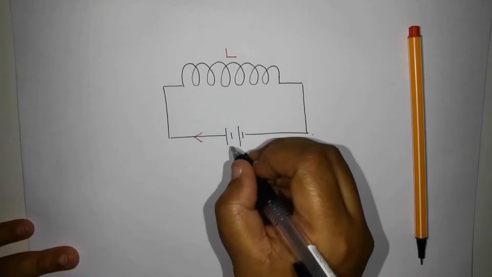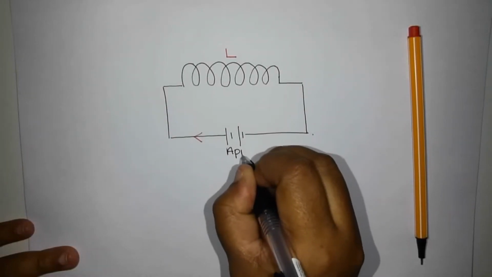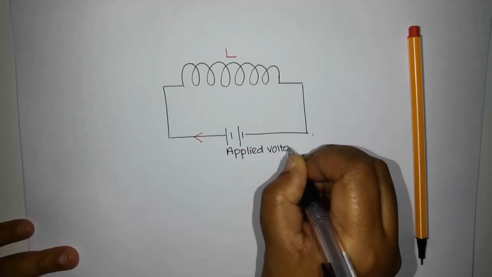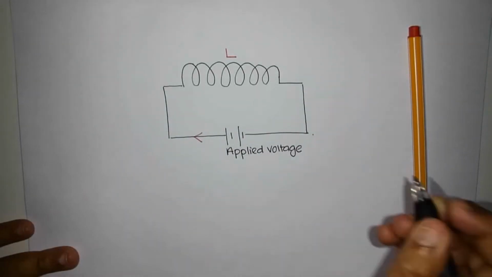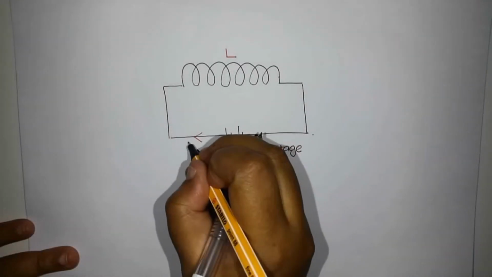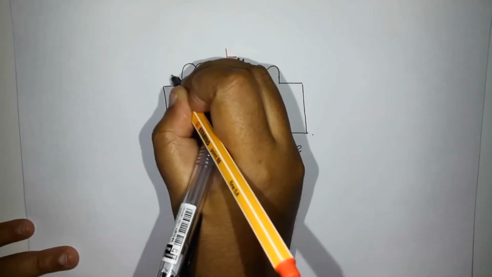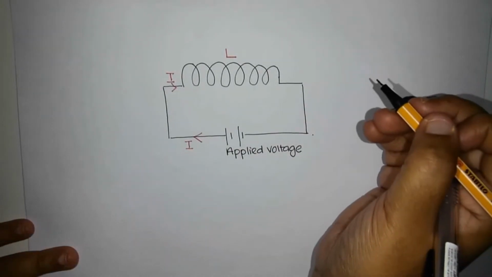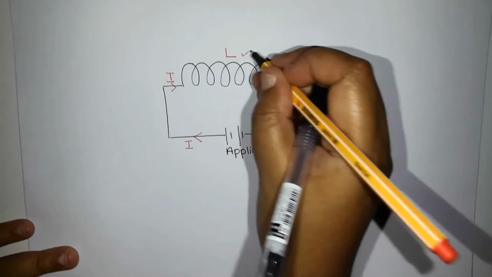This is the applied voltage. Then we have current flowing into the inductor, which has self-inductance L.